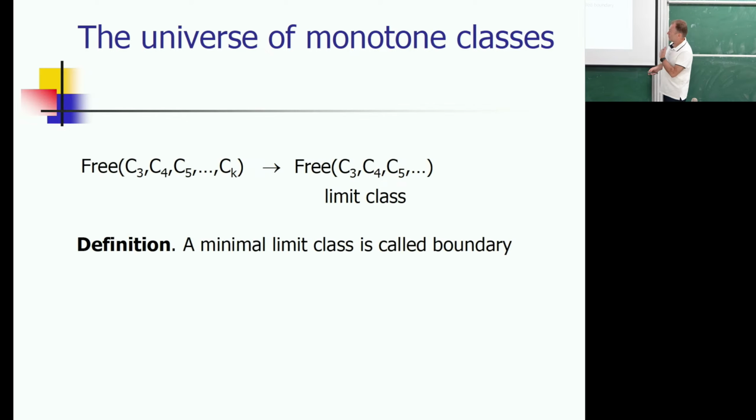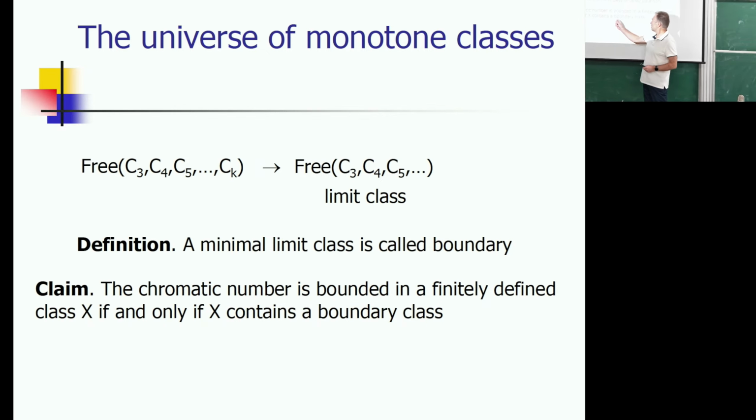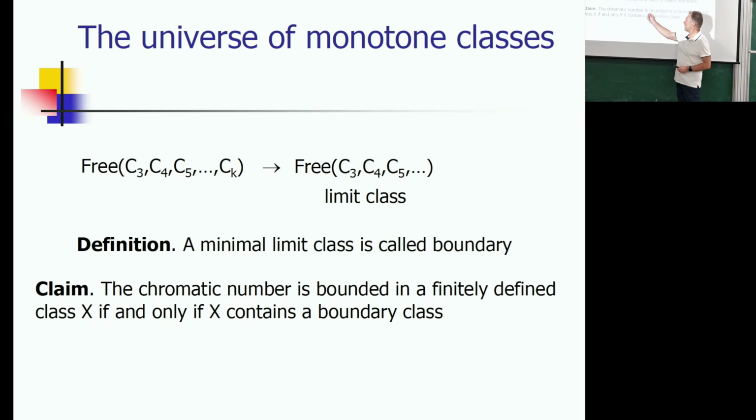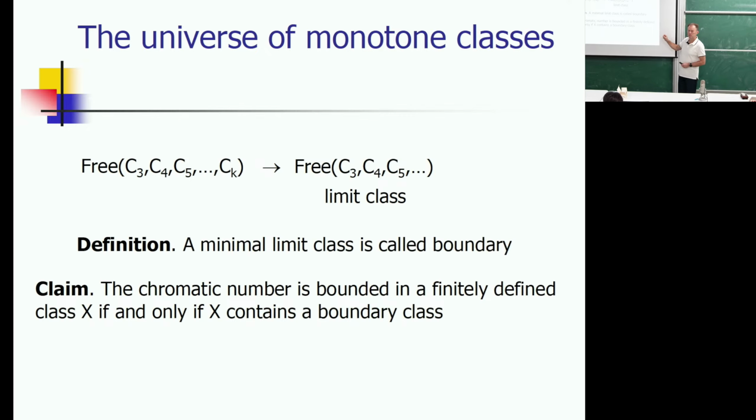In particular, with respect to the chromatic number, we can make the following claim. I found that I have a typo here. You should read unbounded. So the chromatic number is unbounded in a finitely defined class if and only if the class contains a boundary class.